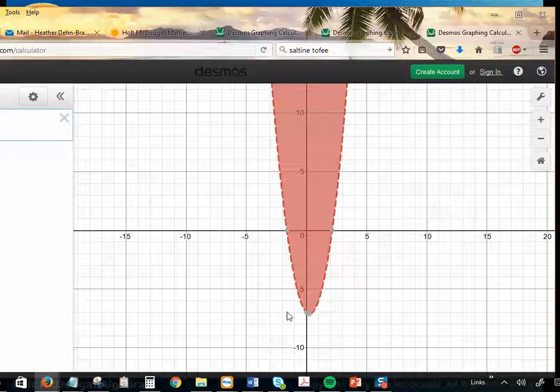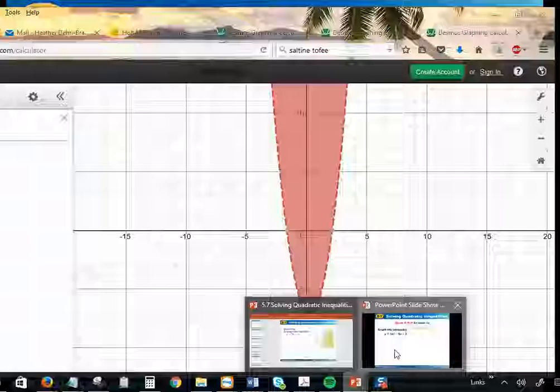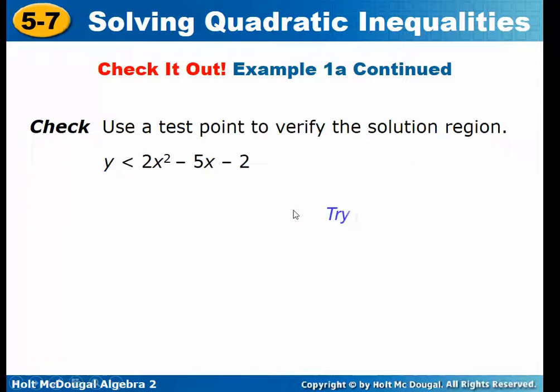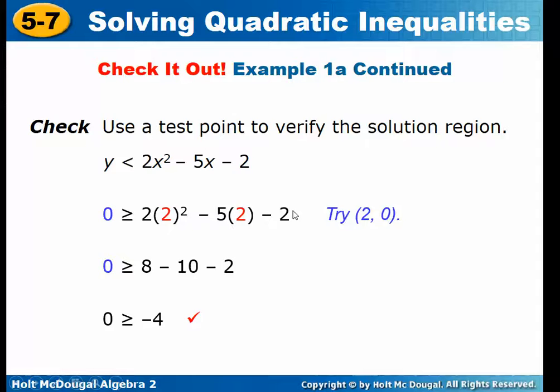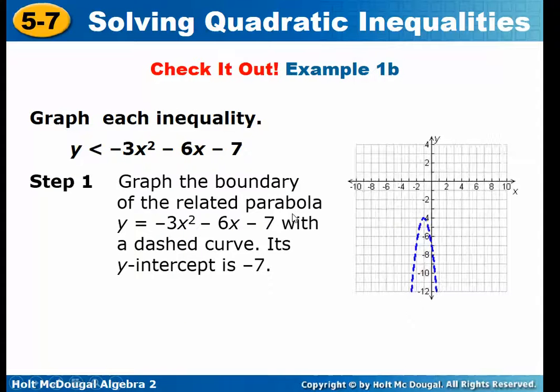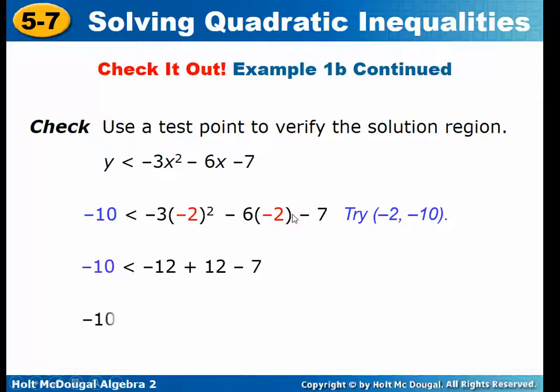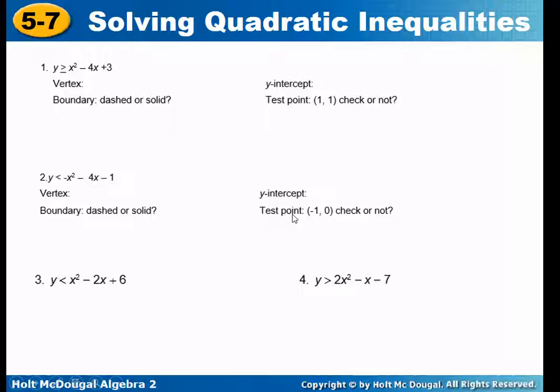And then you can take your screenshot or your snip and put it on there. All right, back to my video. So this example we had already done, and then I was doing number 4 from your worksheet. And then I would take a screenshot or a snip and put it in there.